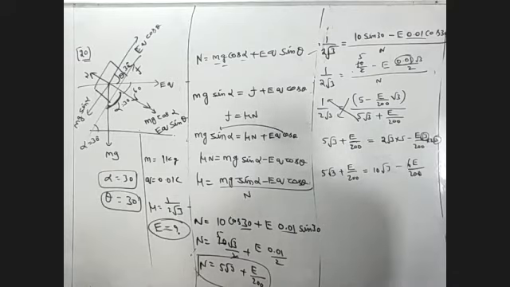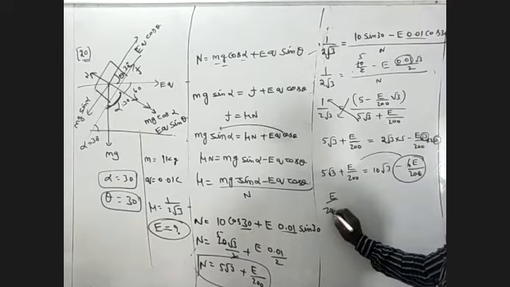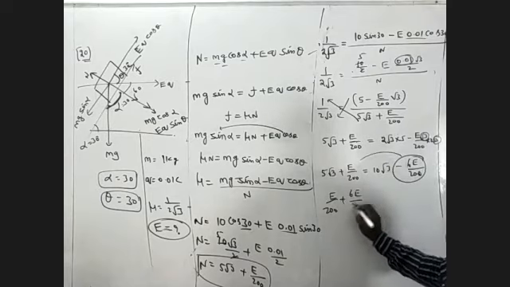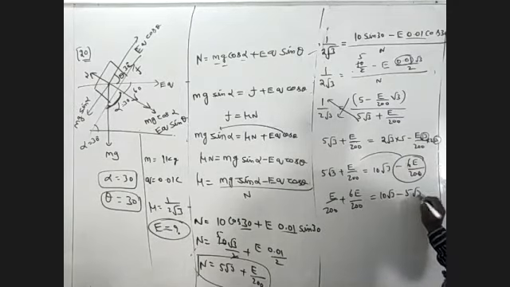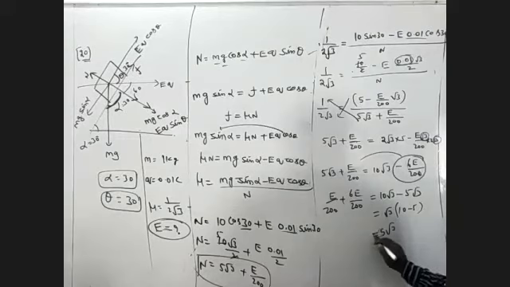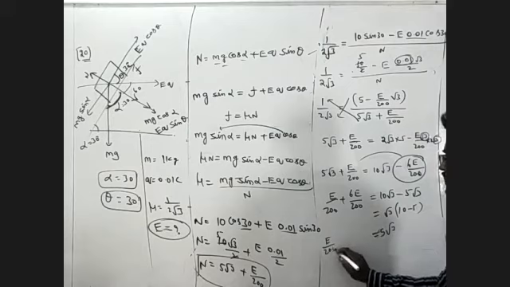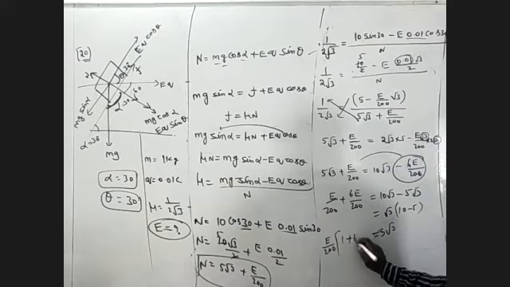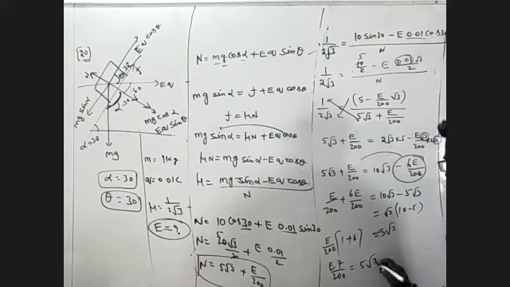Take this value to the other side: E by 200 plus 6E by 200 is equal to 10 root 3 minus 5 root 3. Taking root 3 common, 10 minus 5, that is 5 root 3. Taking E by 200 common, 1 plus 6 is 7, so 7E by 200 is equal to 5 root 3.